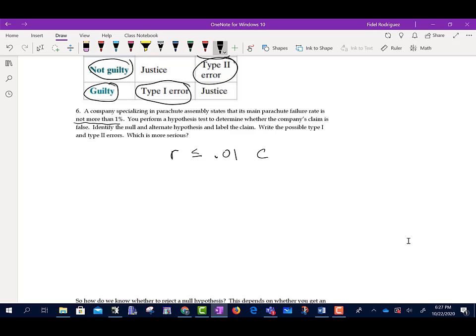This is what the claim is. This is my null hypothesis. Then my alternate hypothesis is going to say the rate is actually greater than 0.01.